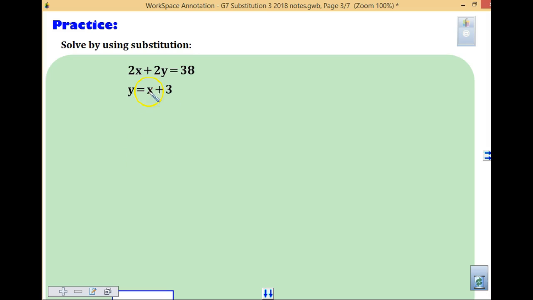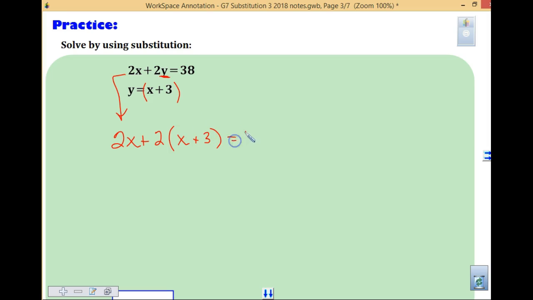So as you look at this equation, we know y equals x plus 3. Please substitute in that first equation. So I am going to write 2x plus 2 times, what is y equal to? What is our y equal to that I'm going to replace this y with? x plus 3.